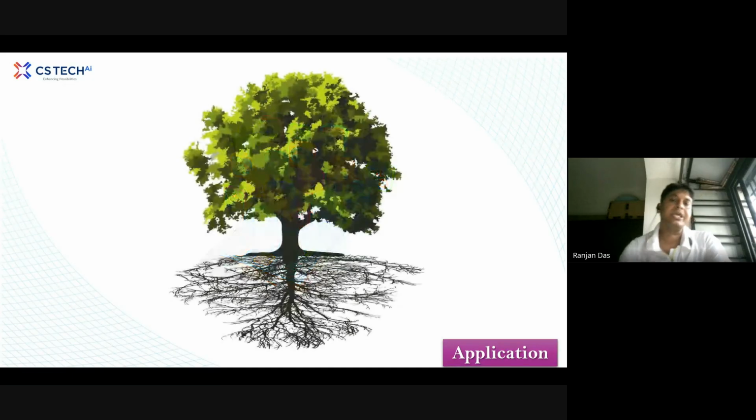Here I have given one indicative picture. If the root is strong, the stem and branches will get the strength. Like that, whatever applications we develop on this platform can be very robust only if our main GIS platform or the data source, the location-tagged information where you have used GPS, DGPS, is accurate and precise.